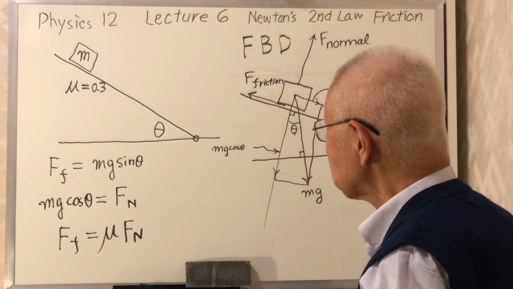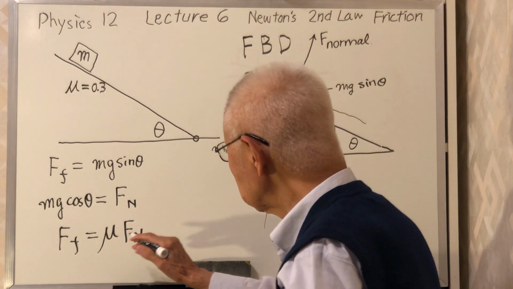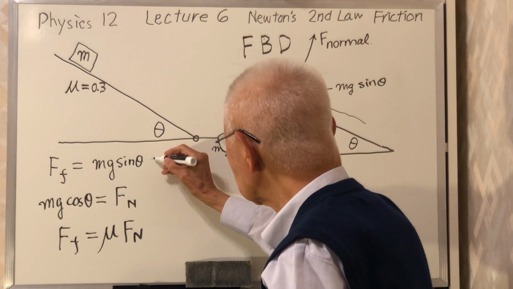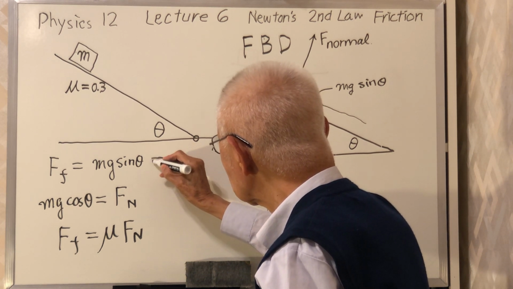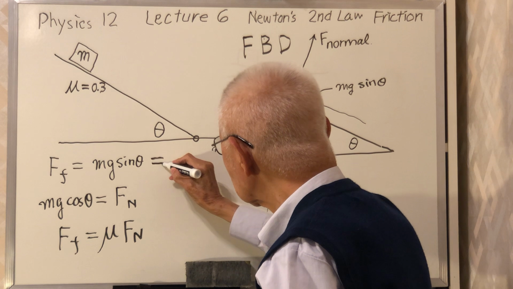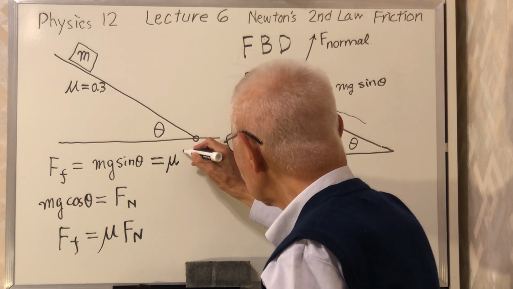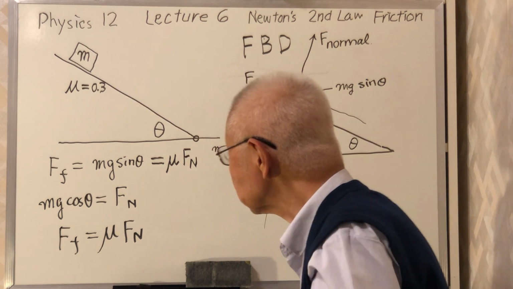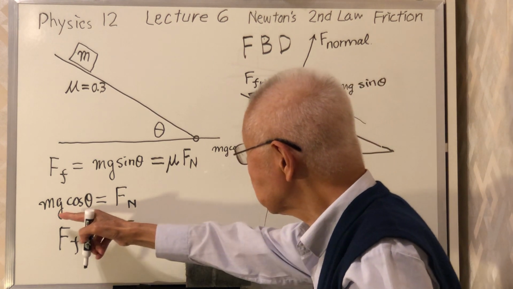Now we can write the detail. This is mu F normal. So I can write this. This is mu times Fn. But Fn is this.